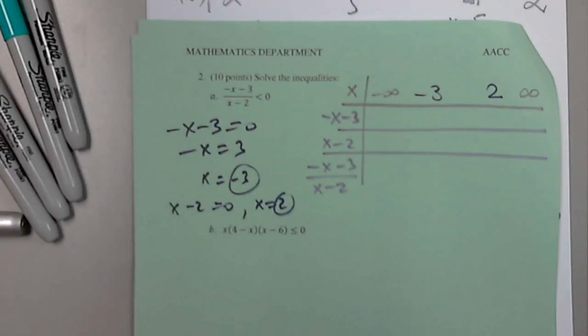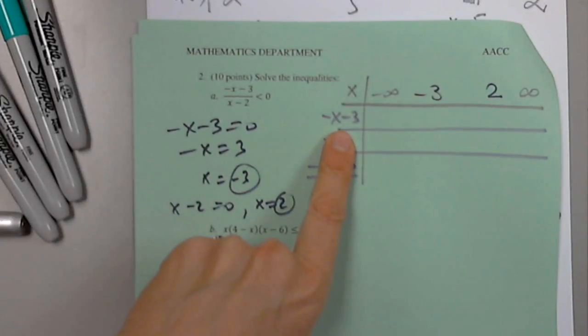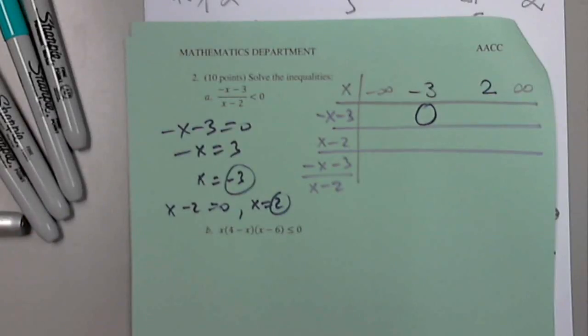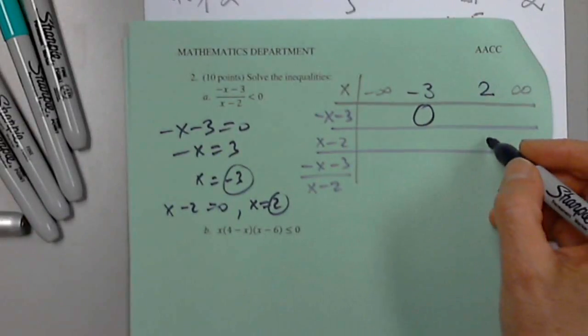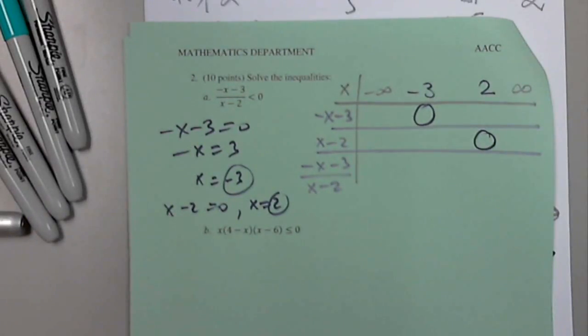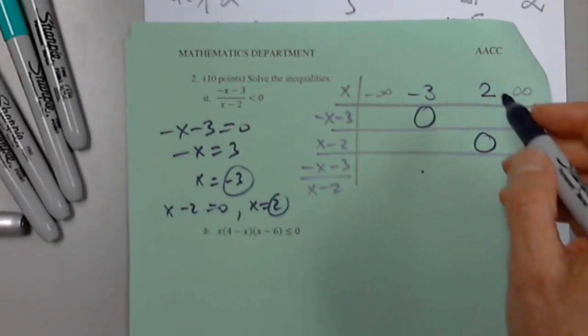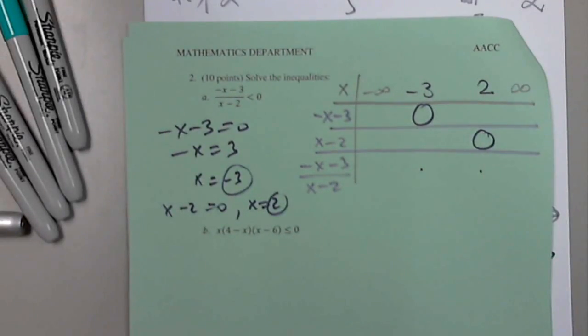Good. So there is a 0 for negative x minus 3. There is a 0 for x minus 2. Very good. So now let's see what happens with the whole thing. When x is -3, I need something here, and I need something here.